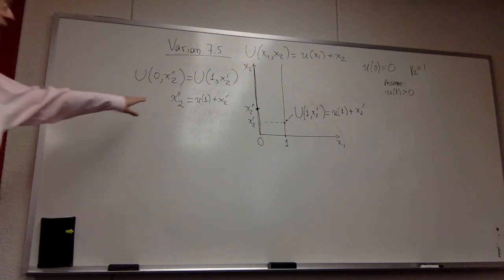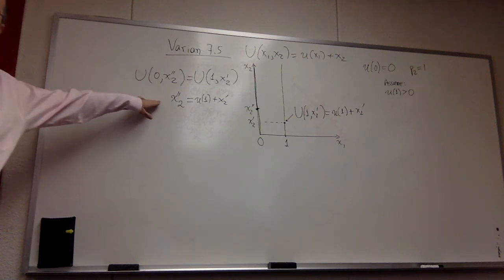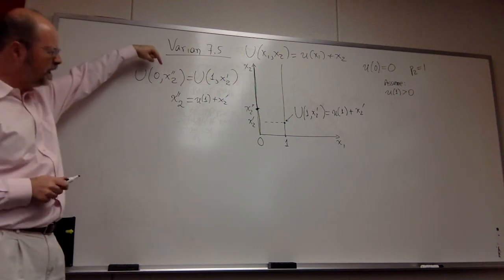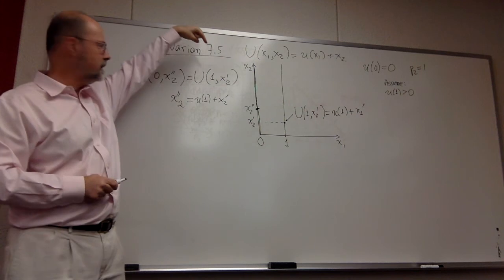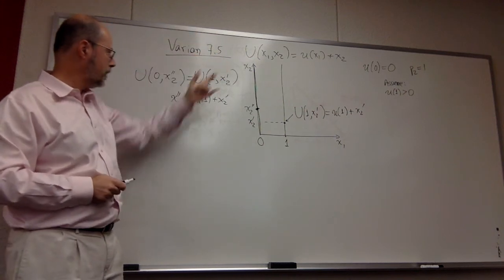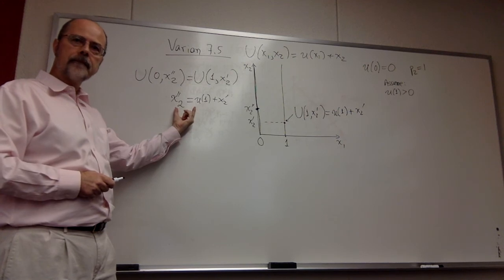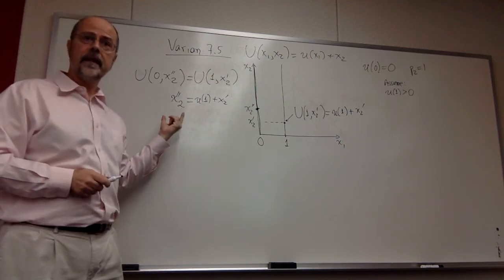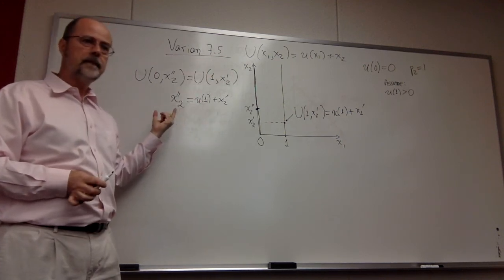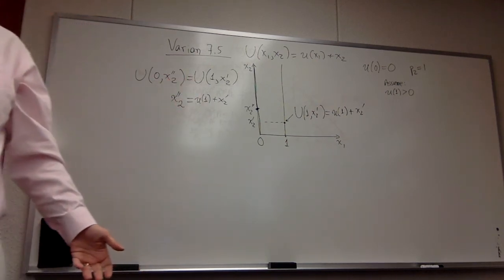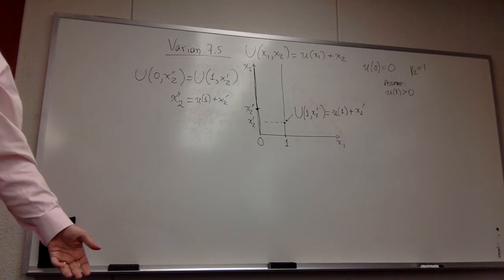They have to satisfy this. Point (0, x2 double prime) is indifferent to point (1, x2 single prime) if and only if this is true. How do I know? Well, I use the utility formula. That's how I know. They told me that's the utility that represents this person's preferences.